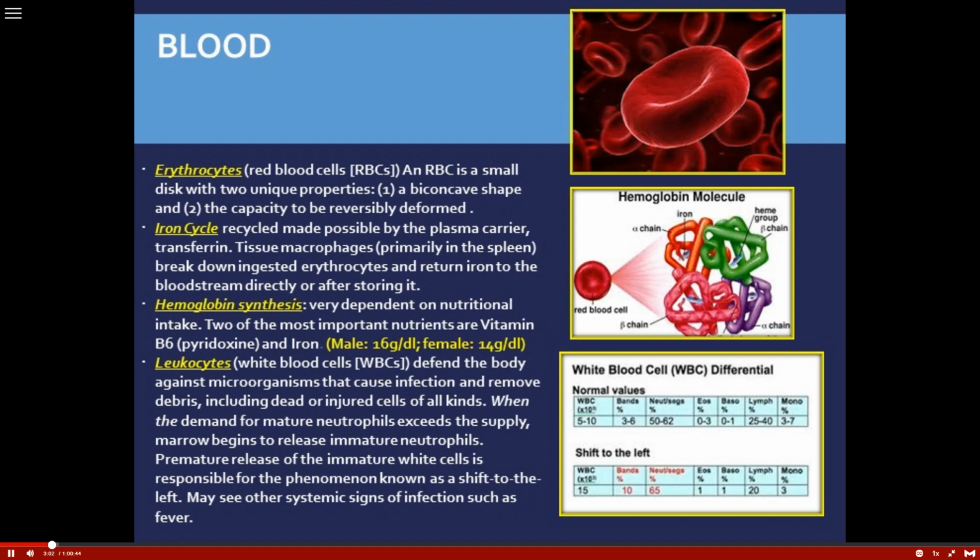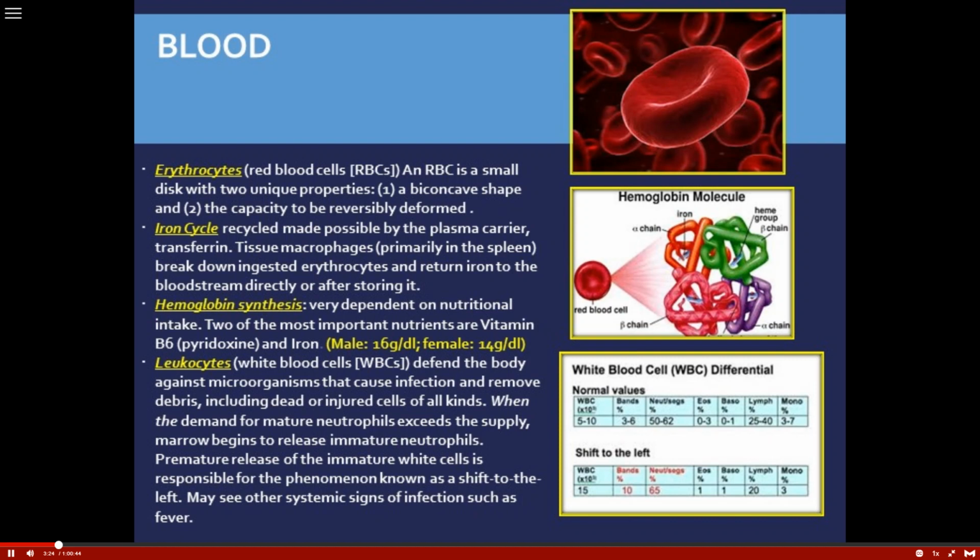All right, so with hemoglobin, one of the big important things is that it is very dependent on nutritional intake. We're actually going to be talking about some of the anemias and some of the most important vitamins, such as the B complexes, such as B6 and certainly B12.